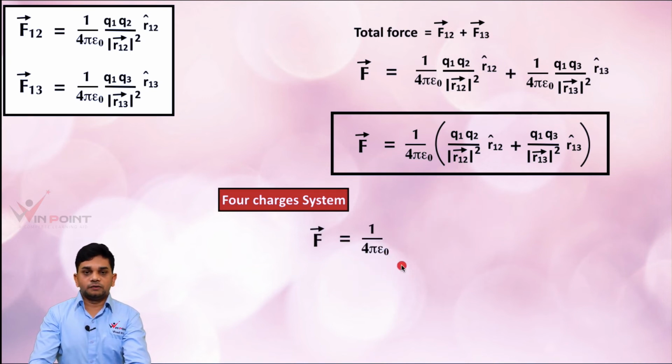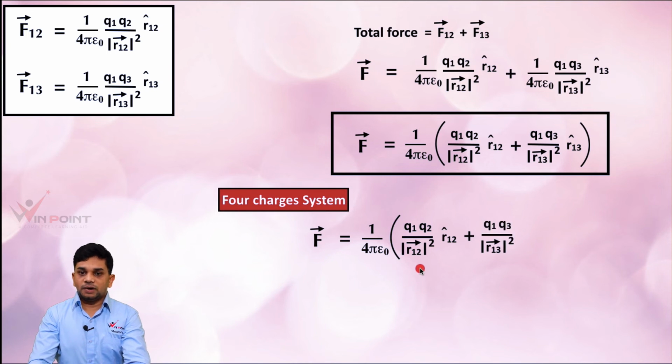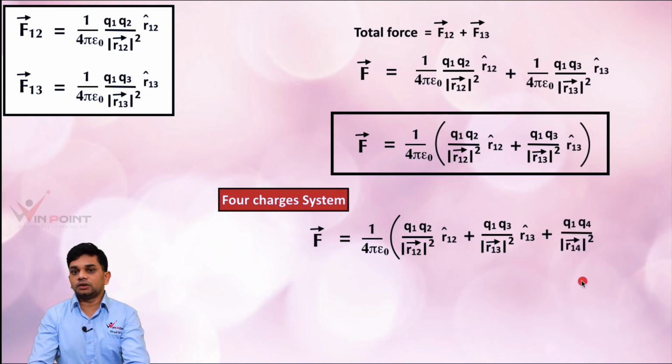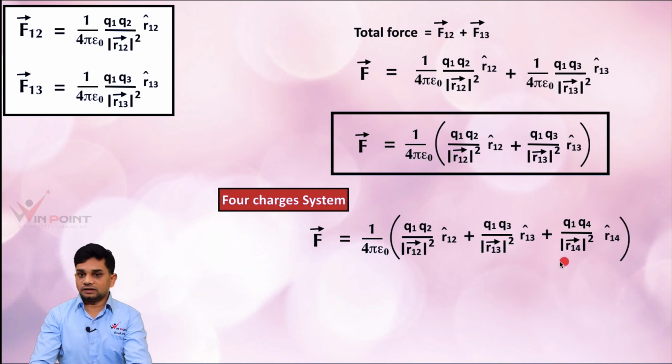F equal to 1 by 4 pi epsilon 0 bracket q1 q2 by modulus of vector r12 square into unit vector r12 plus q1 q3 by modulus of vector r13 square into unit vector r13 plus the fourth charge, that is q4. It will be q1 q4 by modulus of vector r14 square into r14 unit vector. So this is a new term which came in because of the fourth charge.